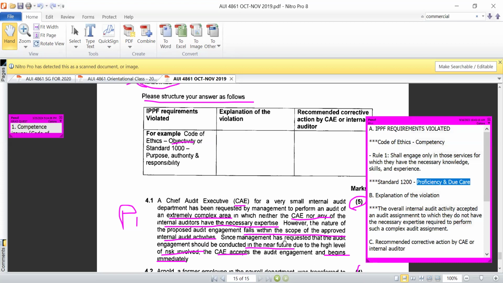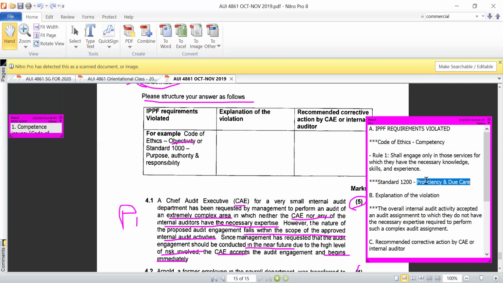In my context, the chief audit executive, first of all, we are told, has received a request, but they are not capacitated to actually perform that request from management, although according to the internal audit charter it falls within their scope of coverage. But by accepting and commencing with this audit assignment, the chief audit executive is definitely violating this.